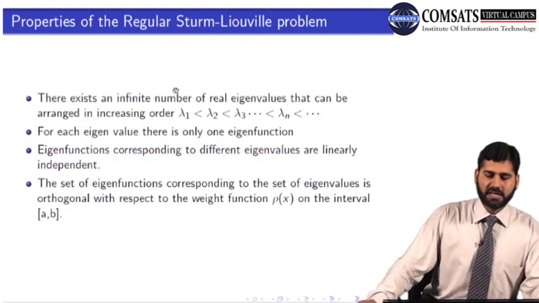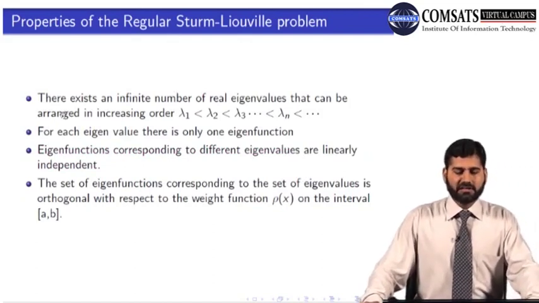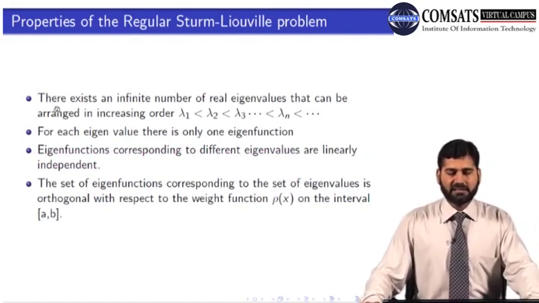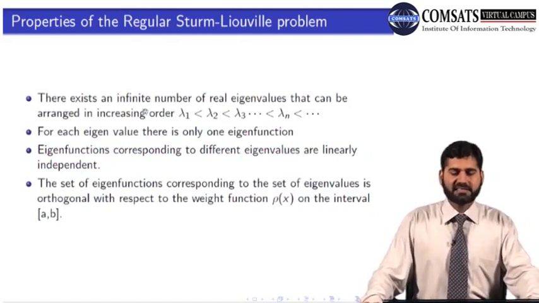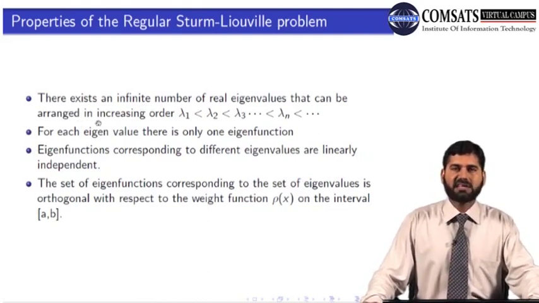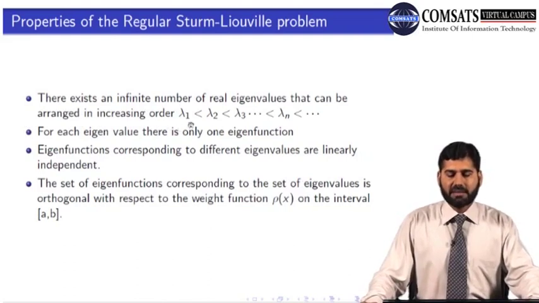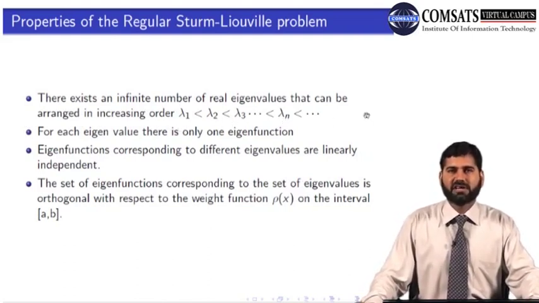What are the properties? First of all, these are the properties of a regular SL system. There exists an infinite number of real eigenvalues that can be arranged in increasing order, lambda 1 less than lambda 2 less than lambda 3 and so on up to infinity.